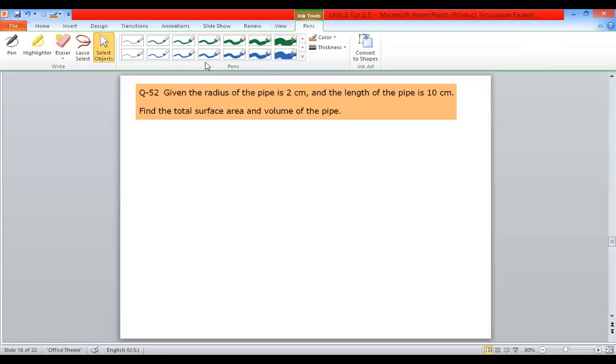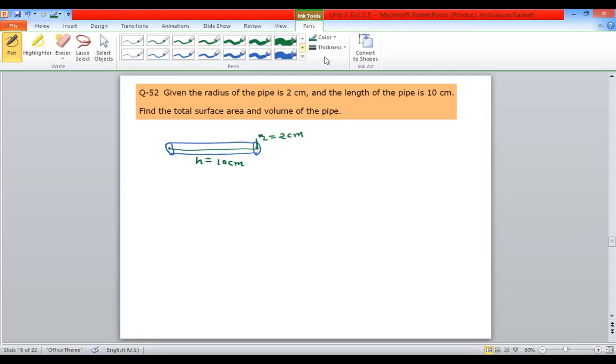Look here, this is your pipe. The cylindrical pipe whose radius is, this part you have radius, and it is 2 centimeter. And it's long, that's the length of the pipe. This thing which you have, it's called the height. And height is 10 centimeter.